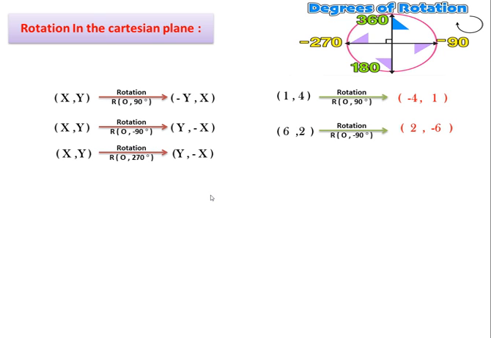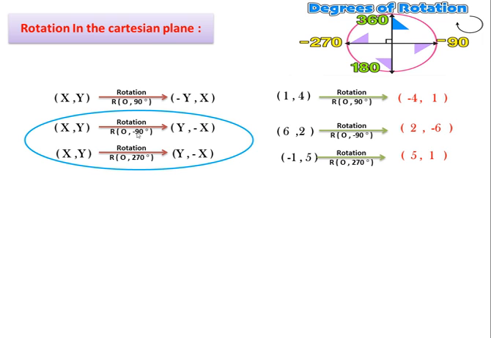Another rule: if we have (x, y) and we make a rotation about the origin point by 270, we get (y, negative x). For example, if we have (negative 1, 5) and we rotate about the origin by 270, then we replace x by y and y by negative x, and it will be (5, 1). We know that a rotation by negative 90 or 270 are the same. Why?